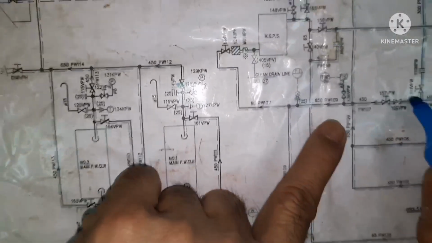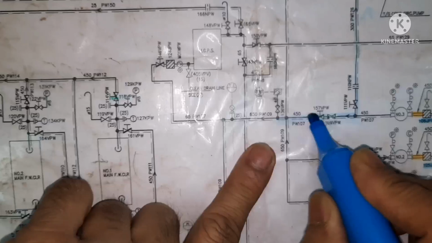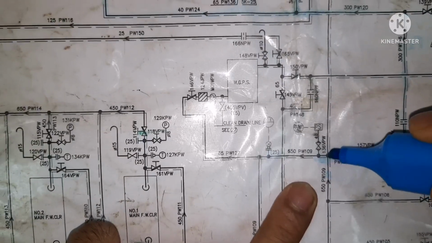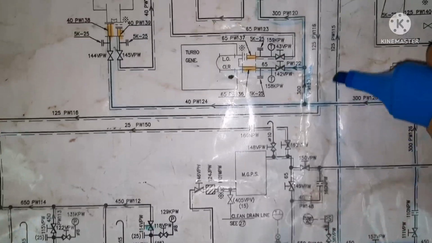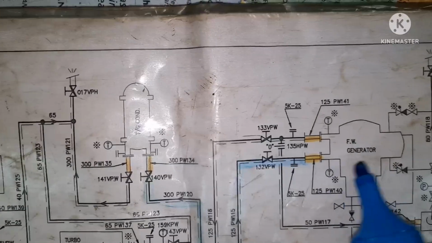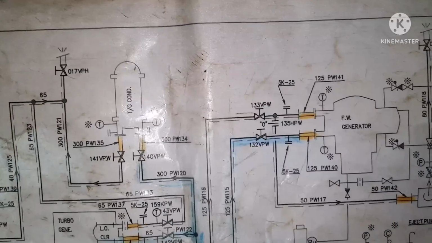Again this is continuing, and you find a tapping over here. I go for the tapping, and it is going to the freshwater generator. So this is the inlet for the freshwater generator.